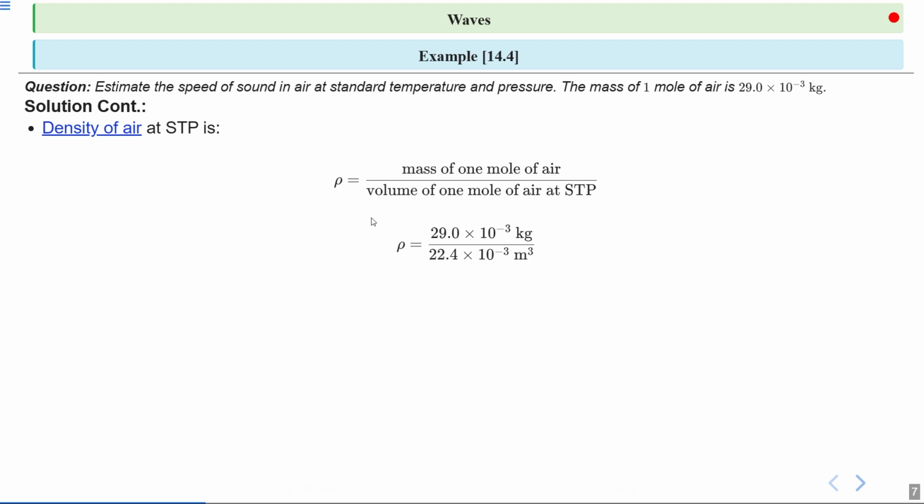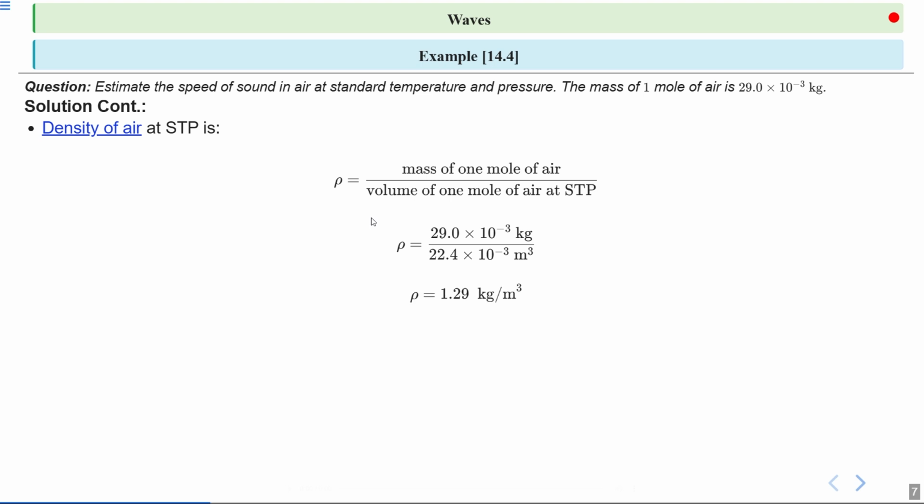Now let's substitute the actual numbers. The mass of 1 mole of air is 29.0 into 10 raised to the power minus 3 kg and the volume at STP is 22.4 into 10 raised to the power minus 3 meter cube. So plugging these values into our formula will give us the density in the correct units.